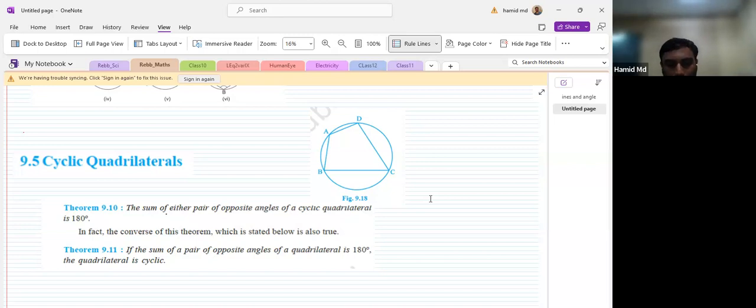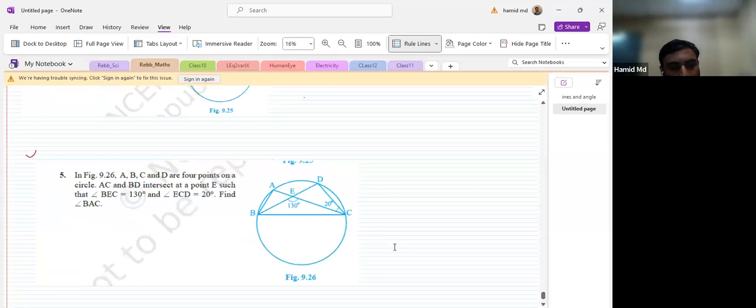Question number 3. So what is the definition of question number 3? It says the given figure, centroid O of a circle and AB in it. Does question number 3 make a quadrilateral?